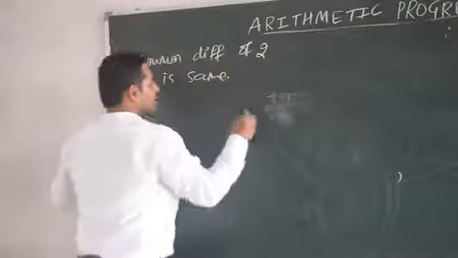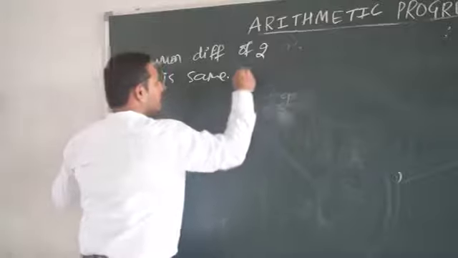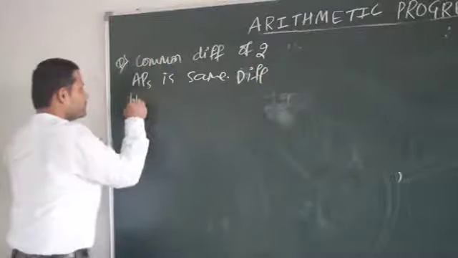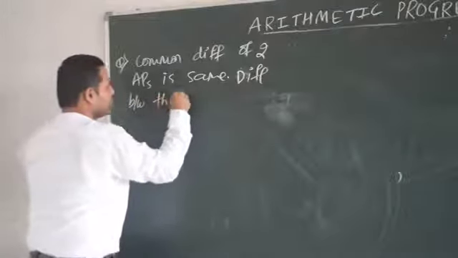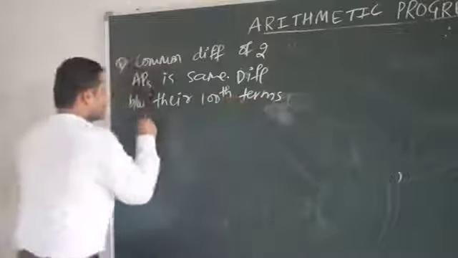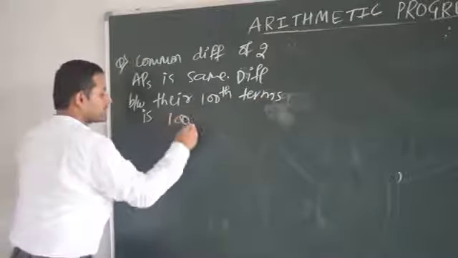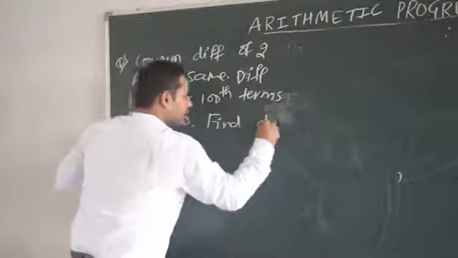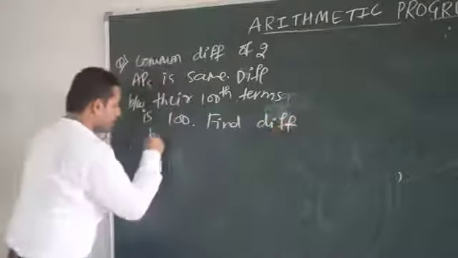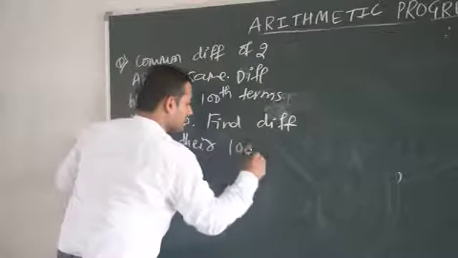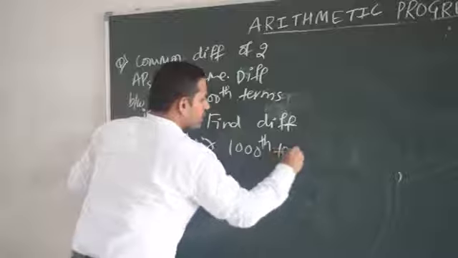Now they are giving one more data: the difference between their 100th terms is 100. Now they are asking you to find the difference between their 1000th terms. Okay, very important.